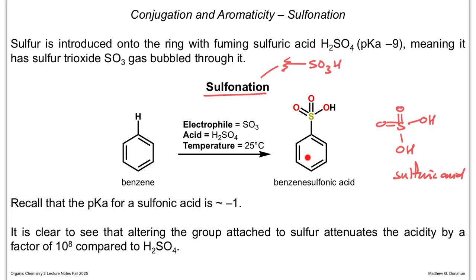But also the presence of that organic part will make it soluble in organic solvents. So it says the first pKa for sulfuric acid is -9. That substitution of OH for a ring moves it to -1. And since it's the pKa scale, remember it's a log scale, so it's 10 to the 8 difference.